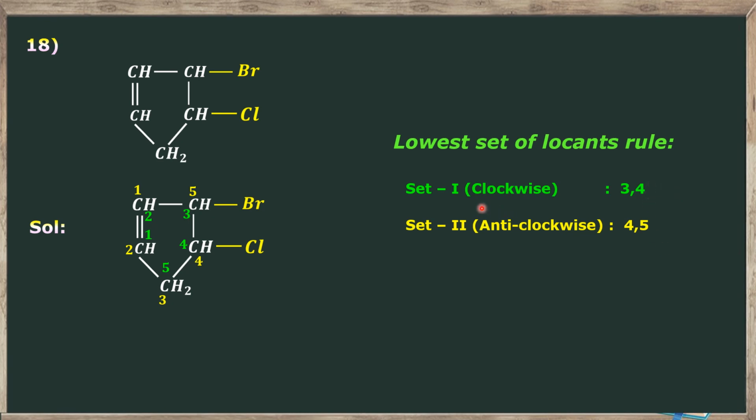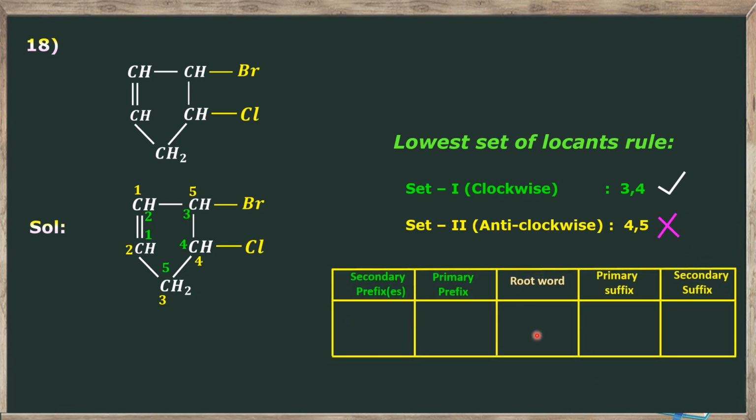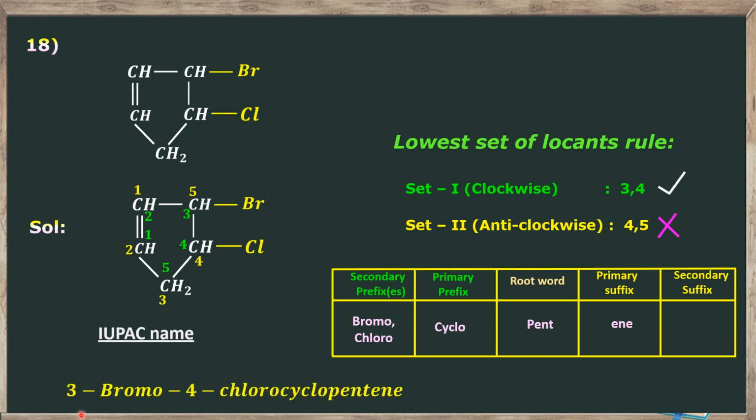So numbering in clockwise direction starting from here is the correct way of numbering, and this one is the wrong way of numbering. So root word is pent, primary suffix is ene, primary prefix cyclo, secondary prefixes bromo, chloro. So 3-bromo, 4-chlorocyclopentene, IUPAC name. 3-bromo, 4-chlorocyclopentene.